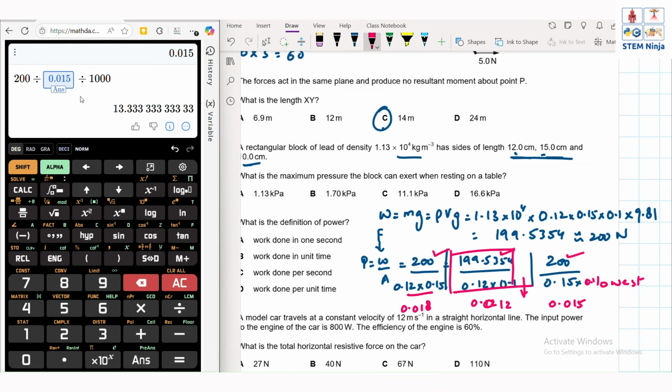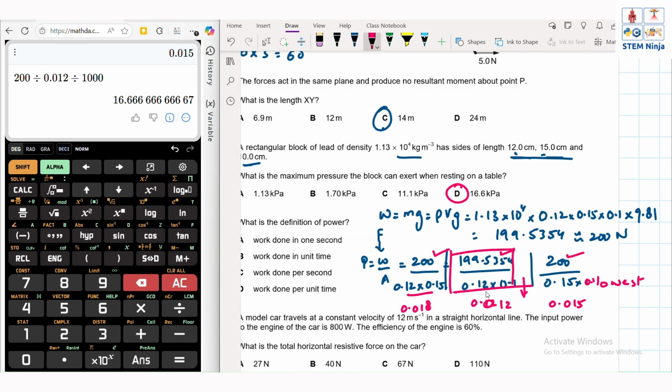Sorry, my bad, this was supposed to be 0.012. 16.36. Okay, yes, this is correct, because we selected 0.012.